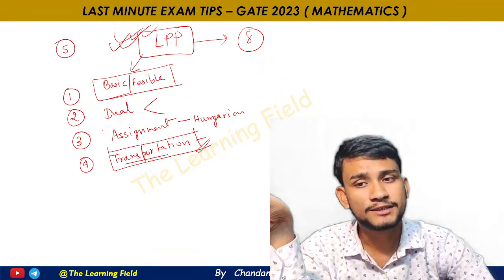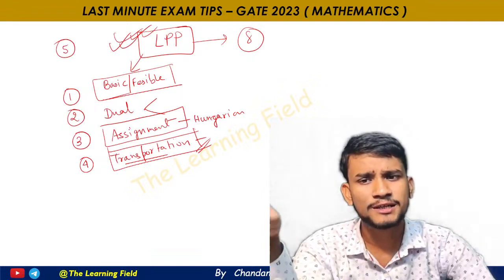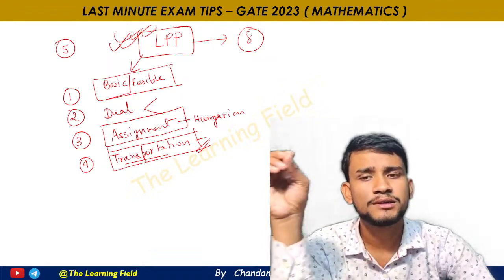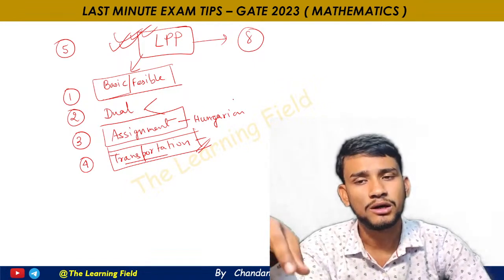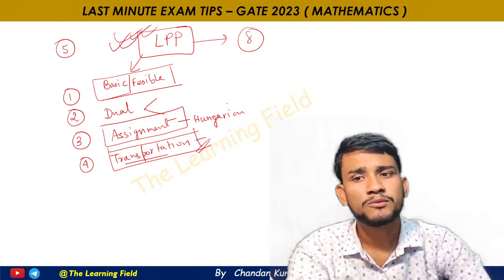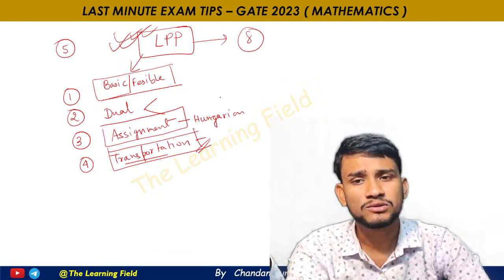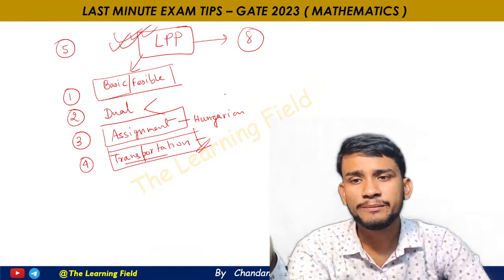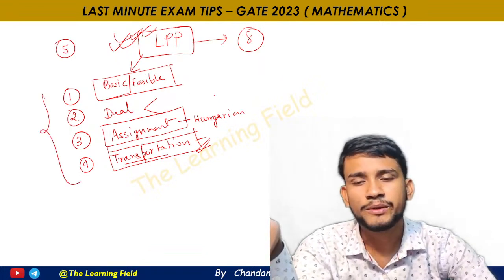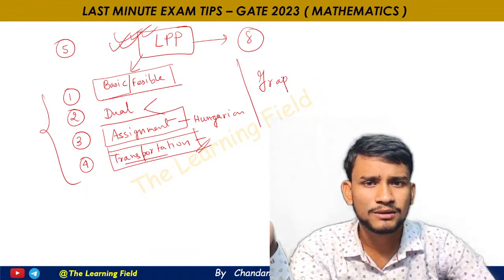In the case of the assignment problem also, sometimes they provide 1 or 2 assignments in the paper, and you have to find the minimum cost, or the optimal cost, of the assignment problem. These are the important methods or chapters for LPP. You all also know the graphical solution.